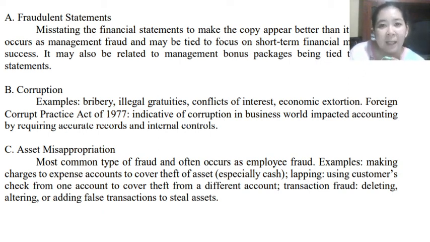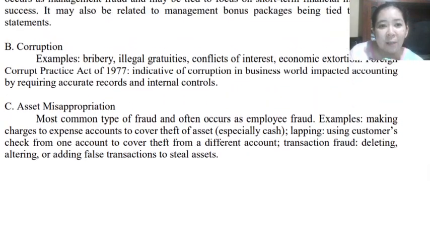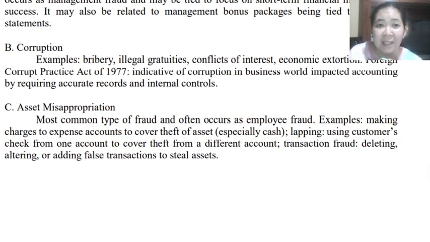Okay. And the third most common fraud scheme is asset misappropriation. This is the most common type of fraud and often occurs as employee fraud. So what are the examples of asset misappropriation? These are making charges to expense accounts to cover theft of assets, especially cash, because this is susceptible to theft.